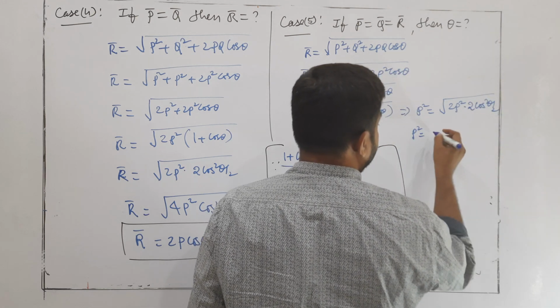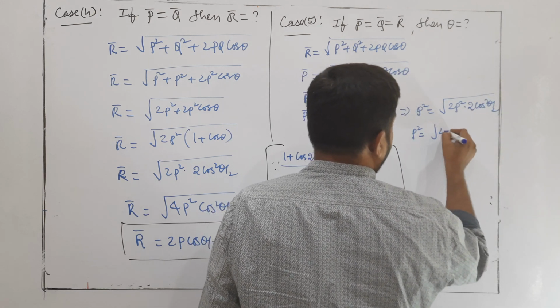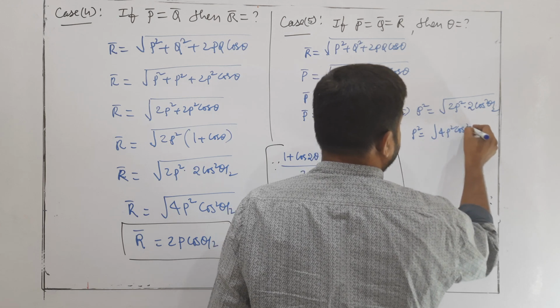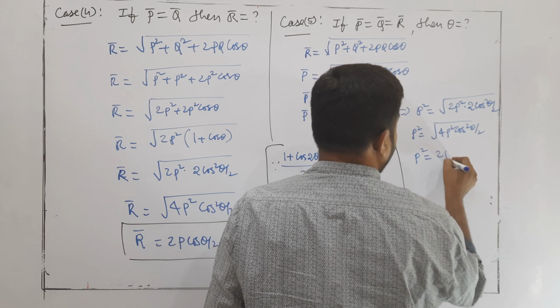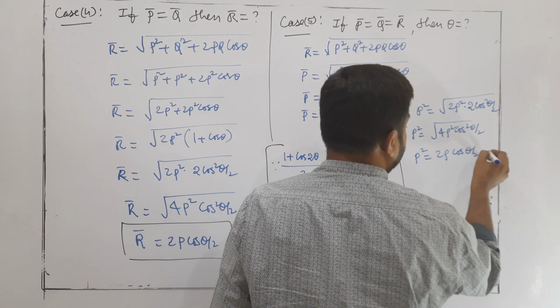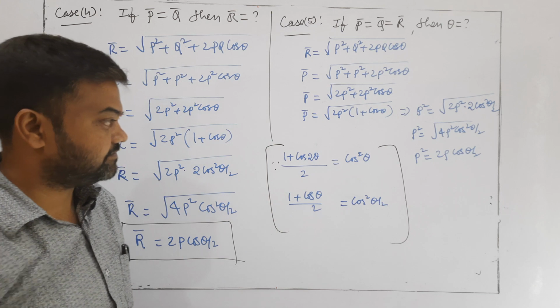Therefore p is equal to root of 4p square cos square theta by 2, and finally we can write 2p cos theta by 2, written the same as it is.